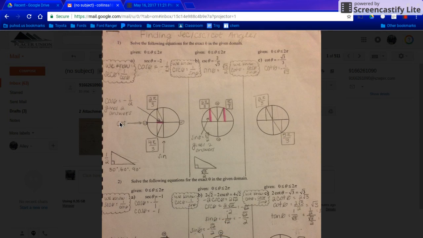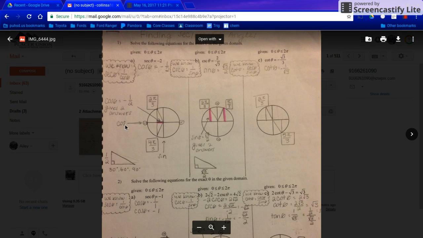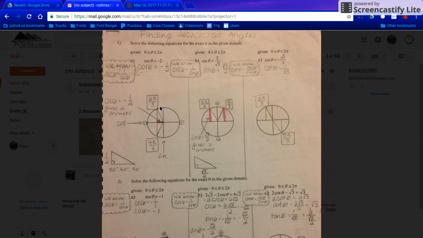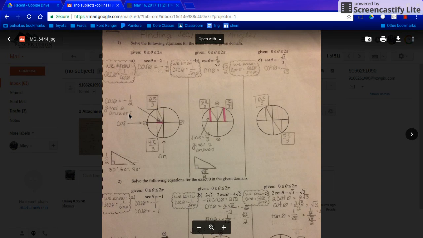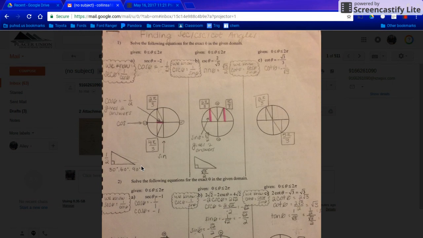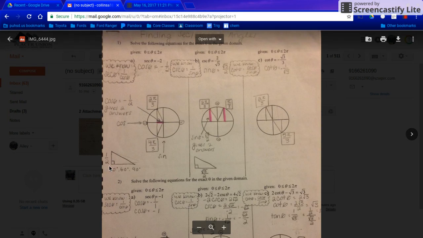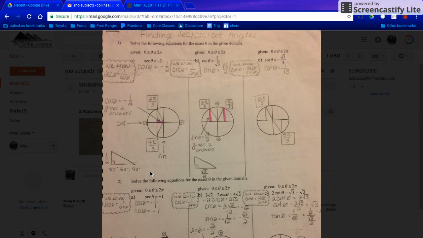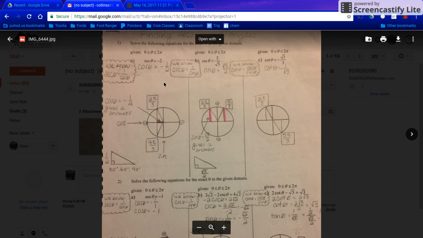We're going to find where on cos, which is the x-axis or the horizontal axis, it equals -1/2, which happens to be 2 pi over 3 and 4 pi over 3. We know it's over 3 because it is a 30, 60, 90 triangle, and the only two options are over 3 or over 6.